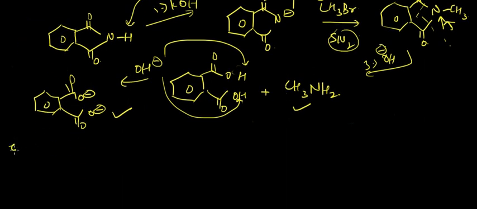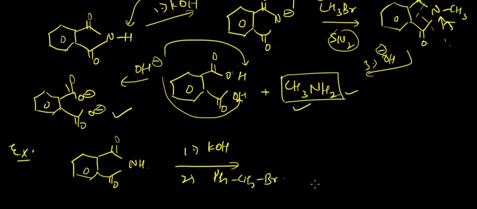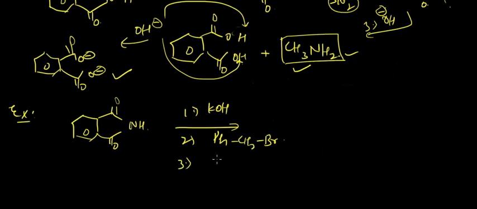Okay, let's see another example on the same lines. So we have something. Why do we say Gabriel Phthalimide synthesis of 1-degree amine? Because in the end 1-degree amine was formed. Again we react it first with KOH, second with Ph CH2Br, and third we obviously pass some basic medium into the reaction mixture.